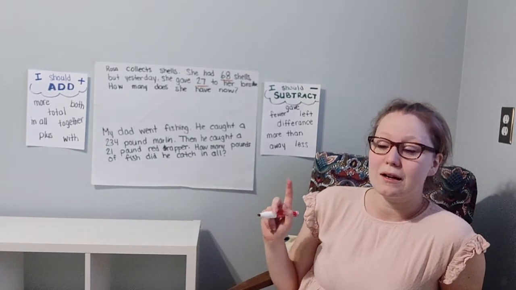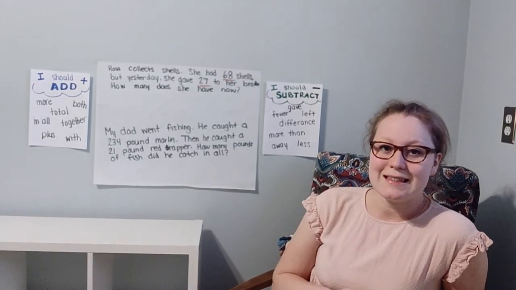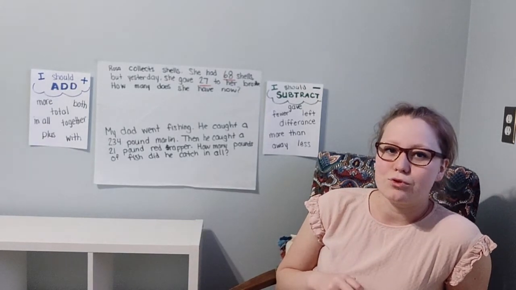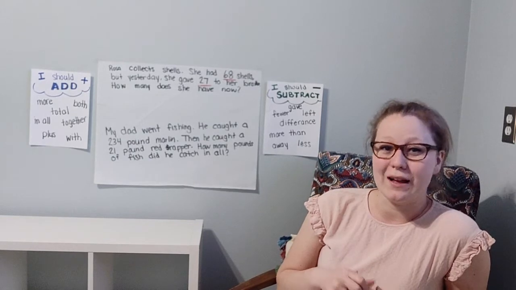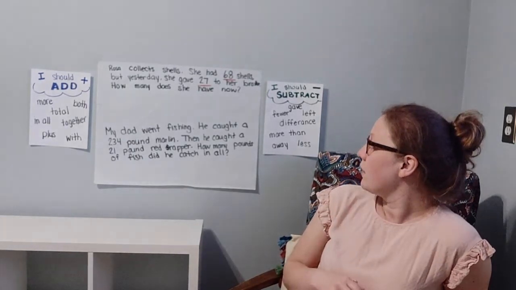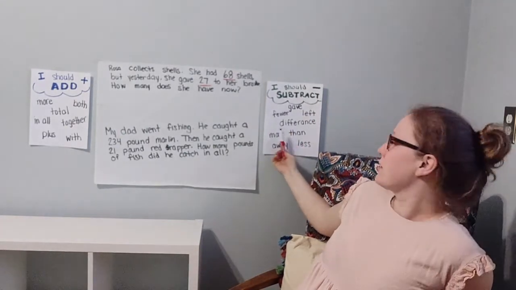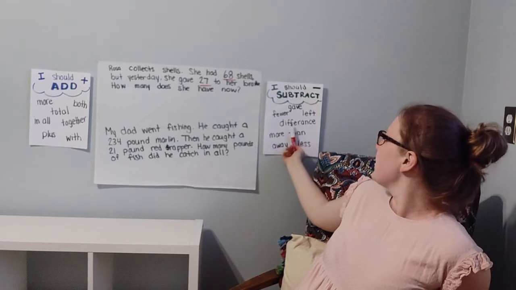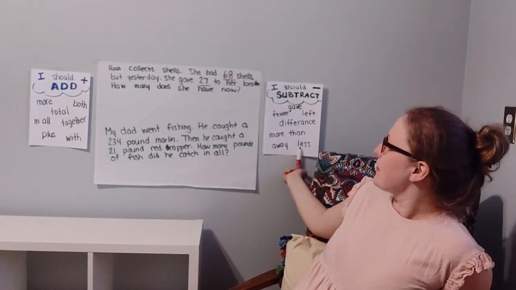We have our important numbers underlined, but there are some words in there that tell us if we add or if we subtract. Can you think about what that word was? In our subtracting side, some of our key words were gave, fewer, left, difference, more than, away, and less.